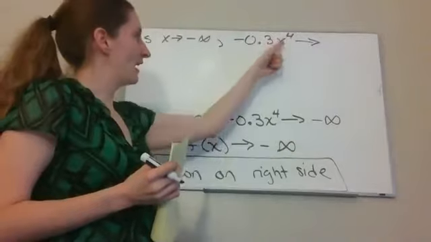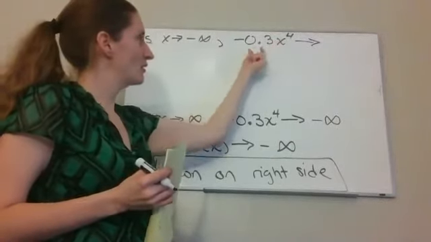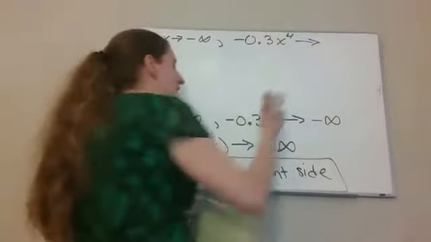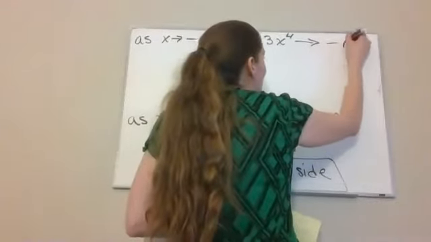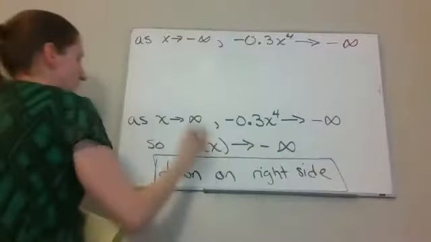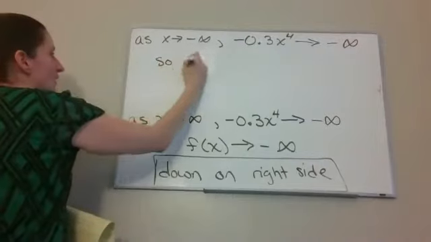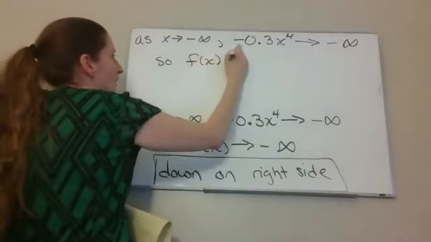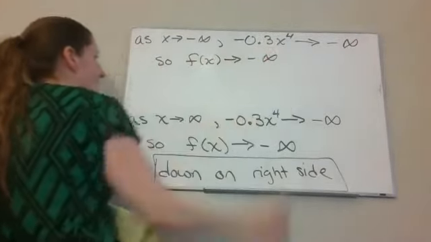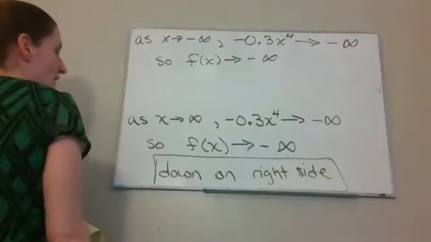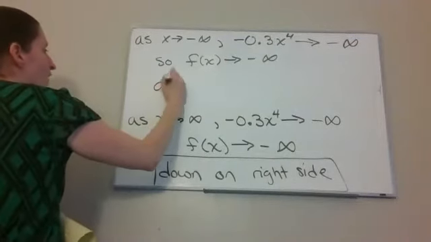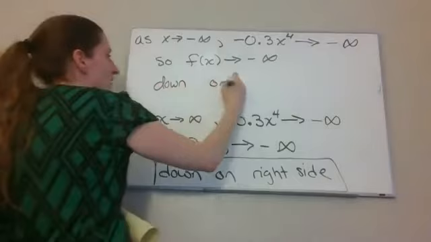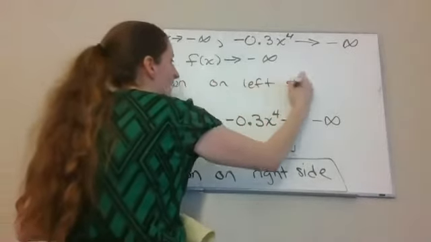And then I have a positive huge number times a negative number. That makes it go to a negative huge number. So our function is going to go to negative infinity, just like that first term does. This means our graph is going down on the left side as well.